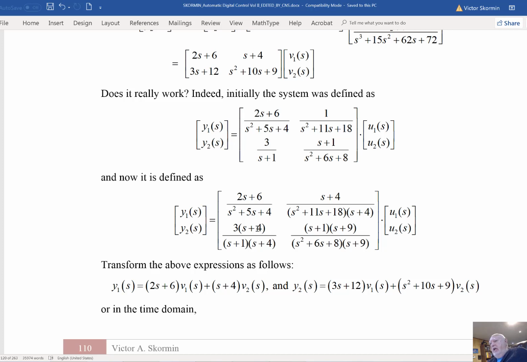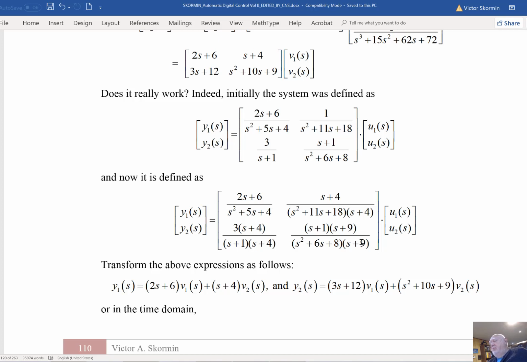To do so, I have to leave alone the first element as it is, but the second element I multiplied by s plus 4 and divided by s plus 4. No changes. Now, I'm supposed to have the common denominator for the second column. And I have numerator and denominator multiplied by s plus 4, and numerator and denominator multiplied by s plus 9. So no changes made.